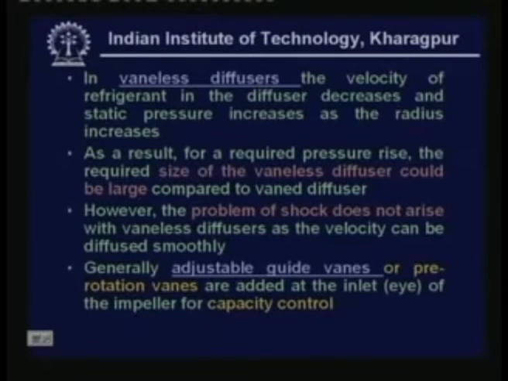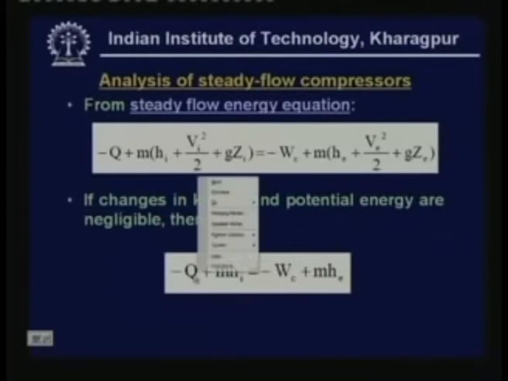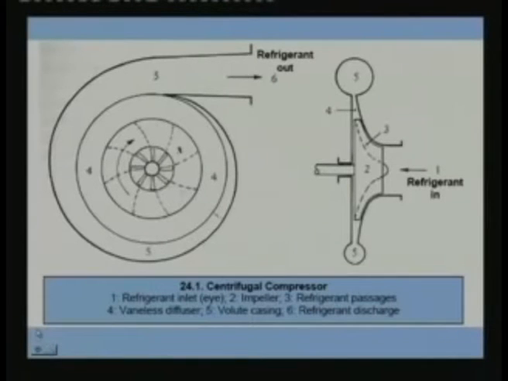Now the inlet can also have vanes, and these vanes are known as inlet guide vanes or pre-rotation vanes. What is the purpose of these pre-rotation vanes? The purpose is to control the capacity. In this picture, you can see the inlet and the guide vanes here.